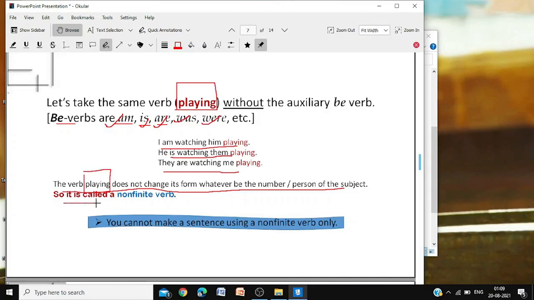This is called a non-finite verb, a verb which is not bound by the subject in number and person. And you may also note that you cannot make a sentence using only a non-finite verb. A sentence must have a finite verb.